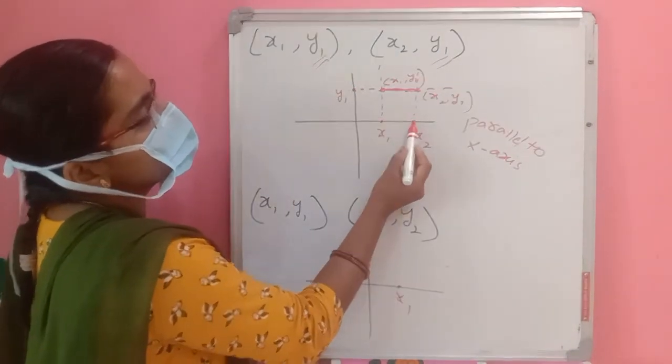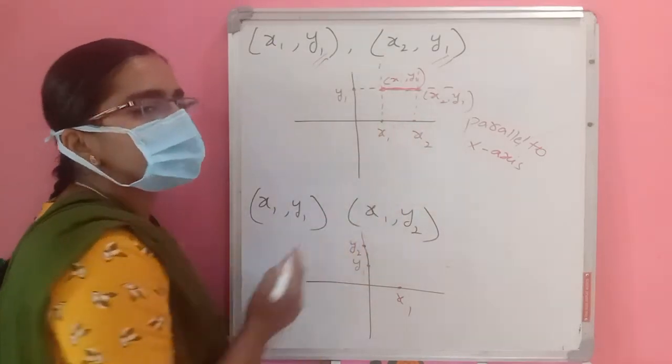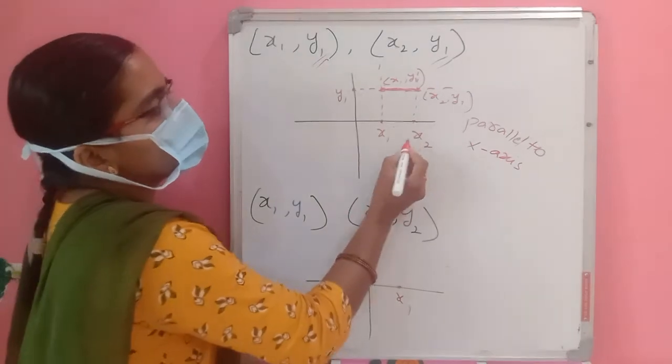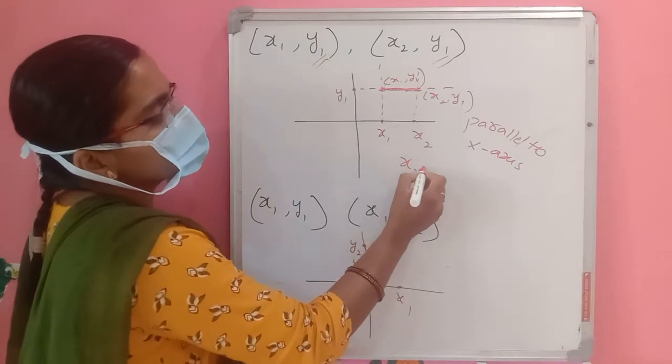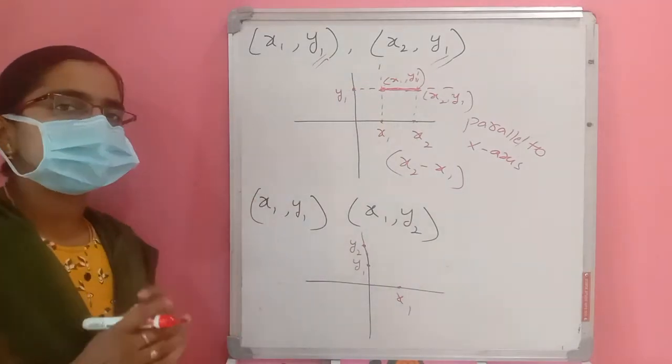Why? Because these two are parallel. So the distance between these 2 points is x2 minus x1.